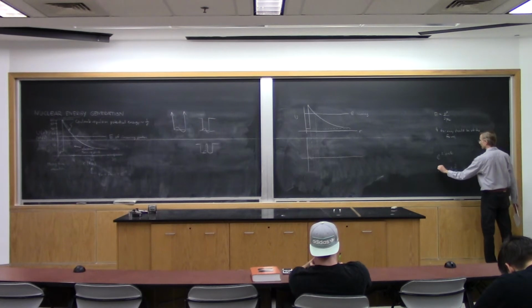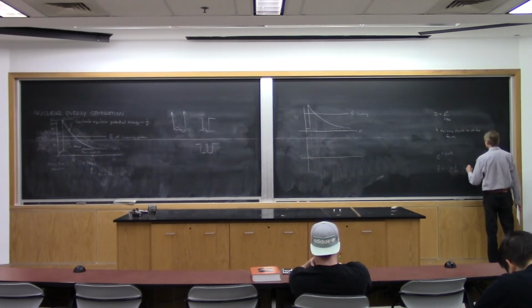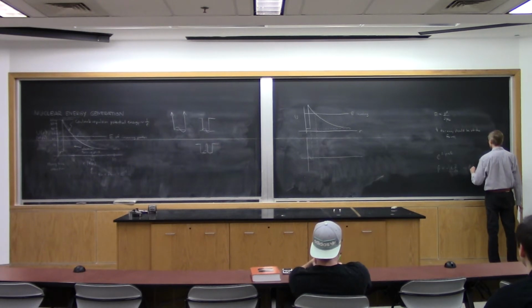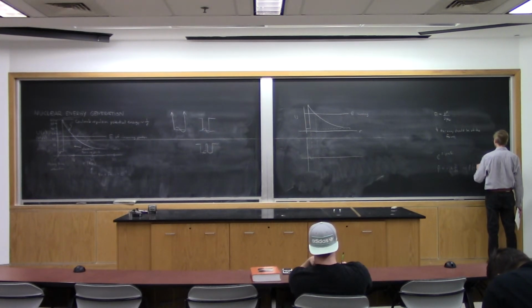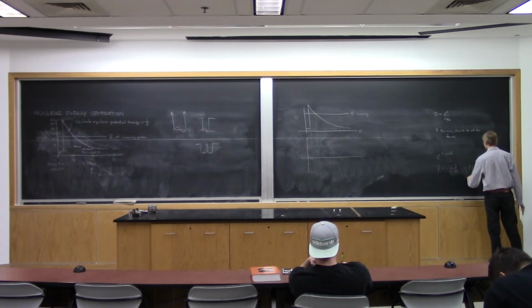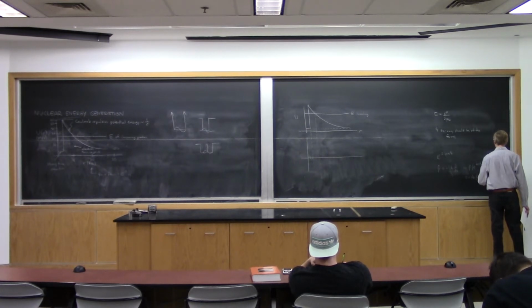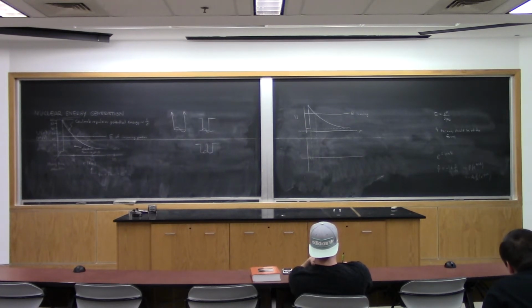I'll put a hat on it to say it's an operator. If I apply it to a wave function of the form e to the i p x over h bar, that's minus i h bar d/dx of e to the ipx over h bar.